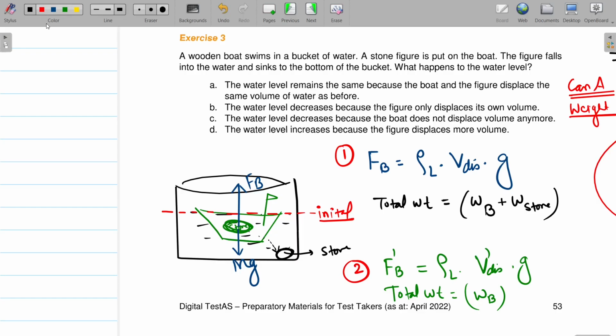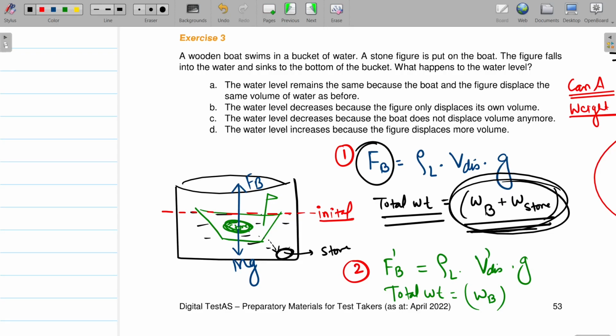Now, what will happen? Basically, in the first case, you are counterbalancing a greater force. This is obviously a greater weight. So this buoyant force is counterbalancing a greater force. Density is the same, acceleration due to gravity is the same. So how is it possible to balance a larger force? Only this displaced volume will adjust this.